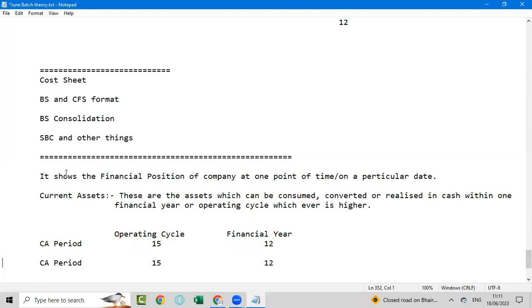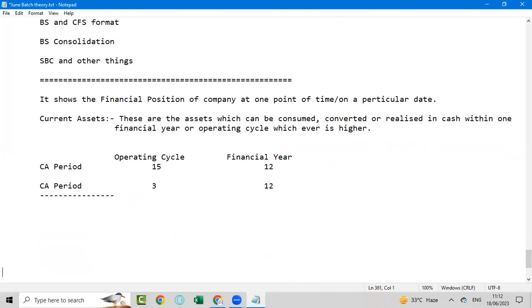And if the operating cycle is, let's say, only 3 months and the financial year is 12 months, in that case the current asset period will be 12 months, because whichever is higher. So those assets which will be consumed, converted or realized within one financial year or operating cycle will be called current assets, right?